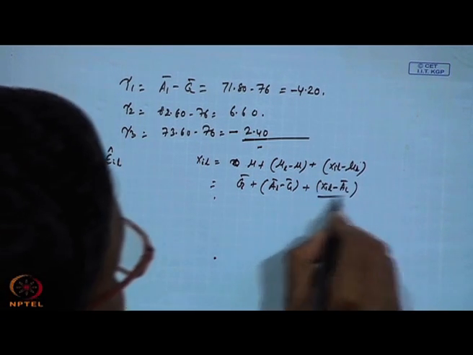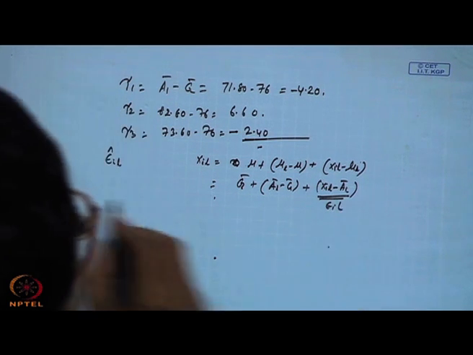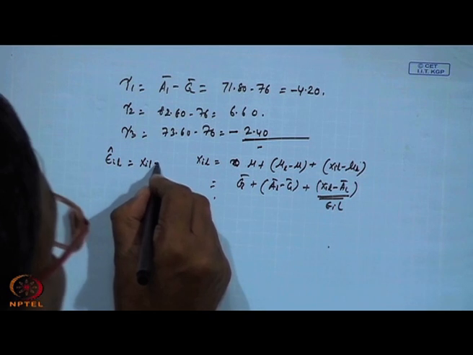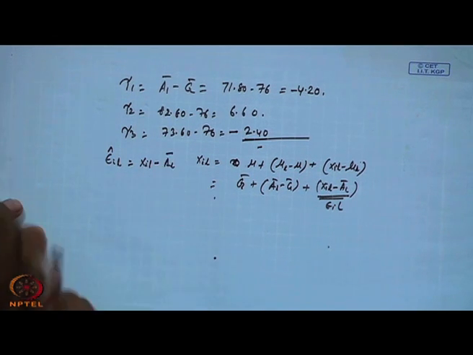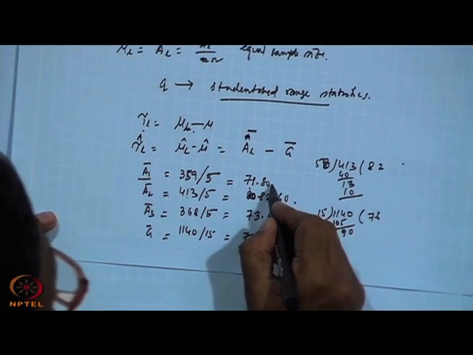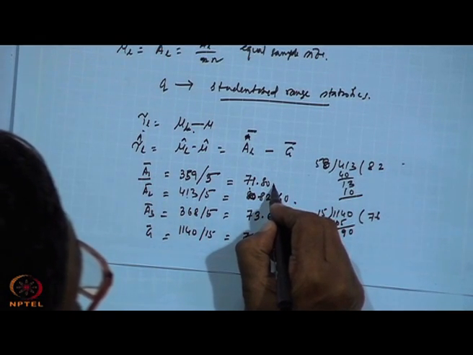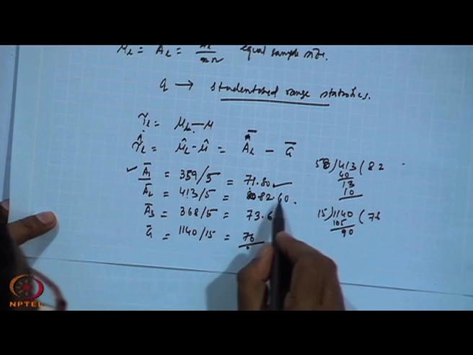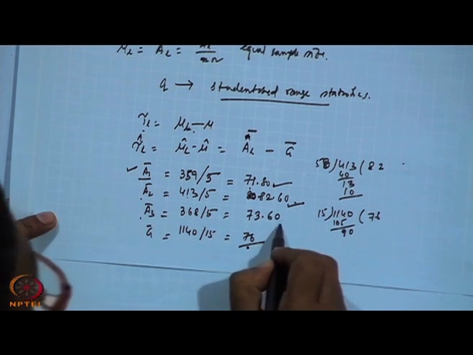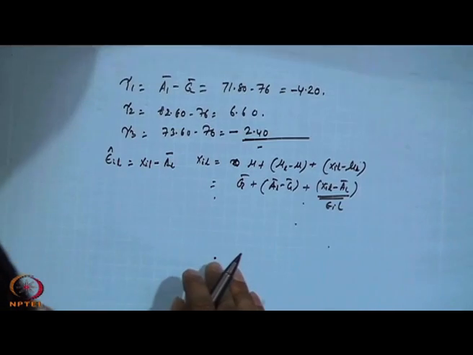So epsilon_il is each of the values minus A_l bar. Now, you have already computed A_l bar: it is 71.80 for A1, 82.6 for A2, and the A3 bar value is also there.